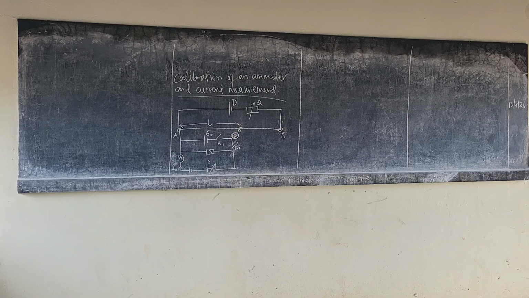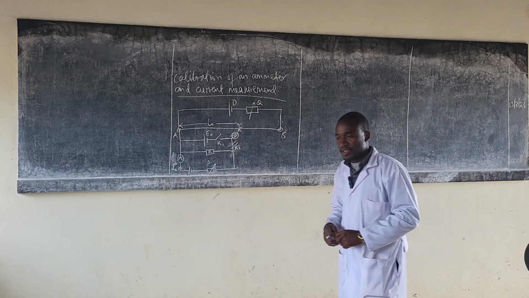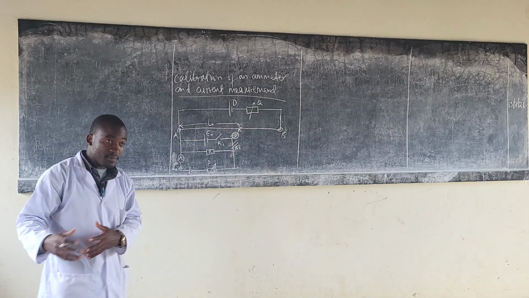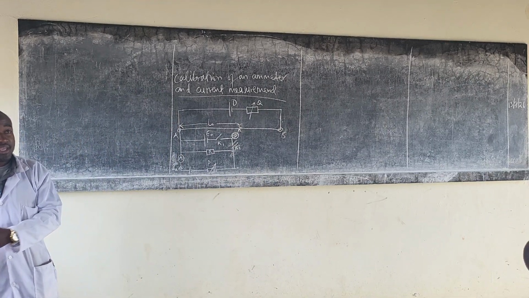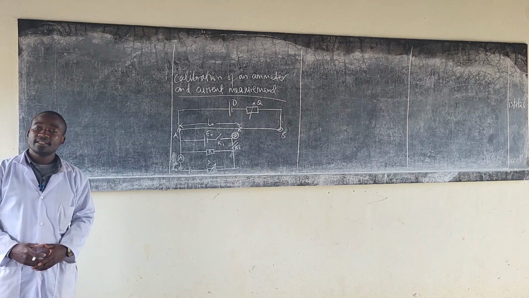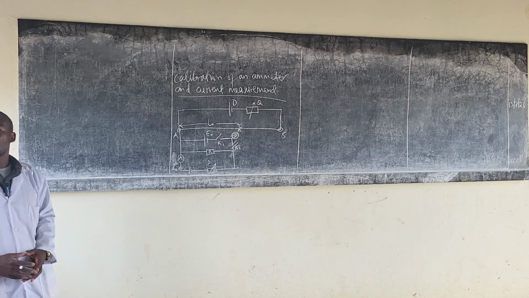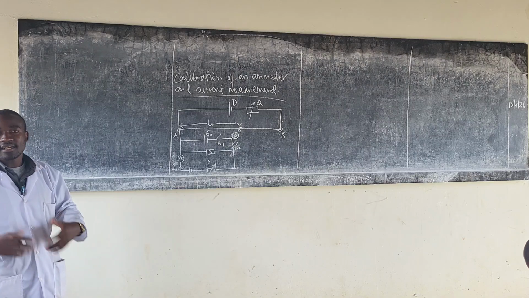But as you are giving a scale, in the long run, you can use that instrument to measure a certain quantity. For example, if you're calibrating a thermometer, you intend to be in position to measure temperature. If you're calibrating an ammeter, your intention is to be in position to measure current.